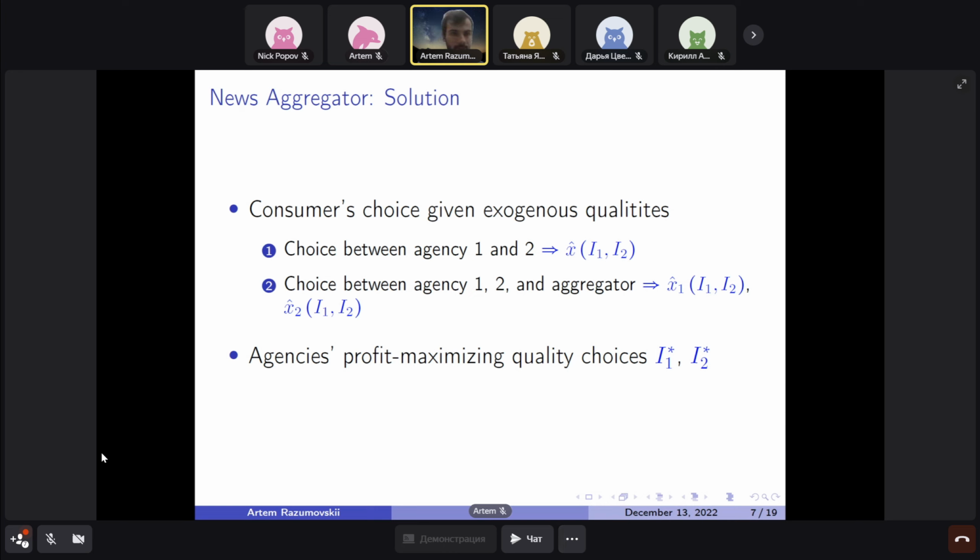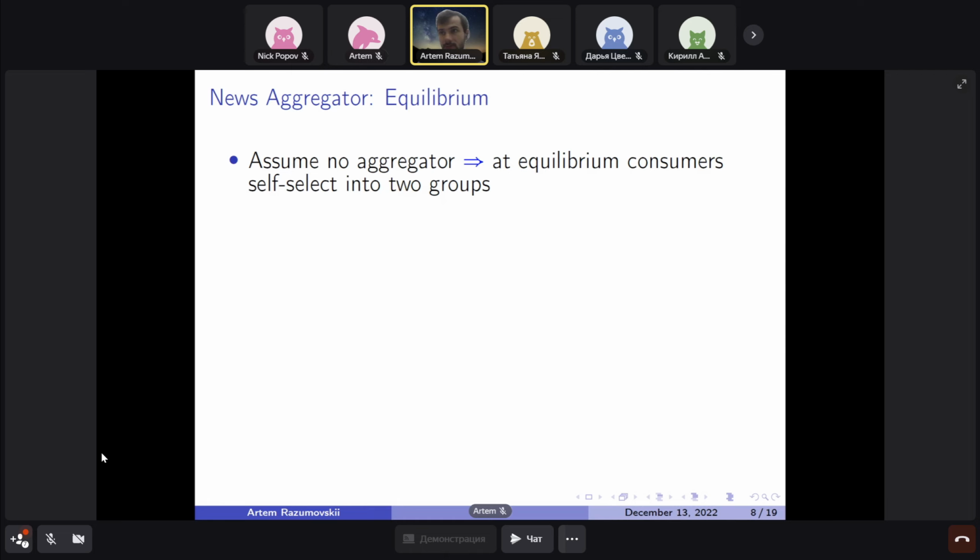But now let's assume that qualities are already chosen, and that there is no aggregator initially, so there are only two groups. Here we have one indifferent guy, as you remember, who divides agents between the two agencies. Those below the indifferent guy join agency 1, and those above join agency 2.